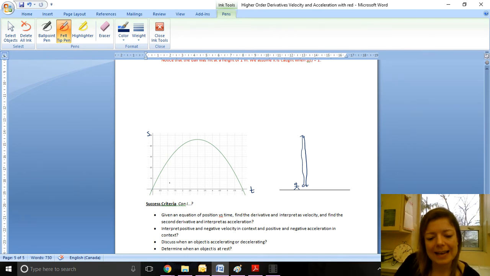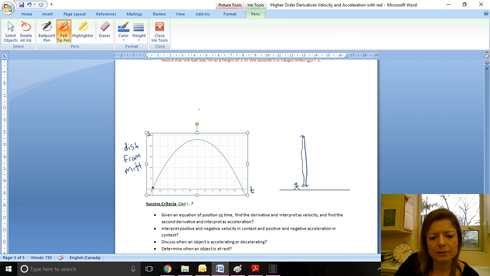You can think about this as the distance from the mitt. Okay, you can see that we start here at 1 meter, so the mitt is 1 meter above the ground, and then it's caught again at 1 meter above the ground.